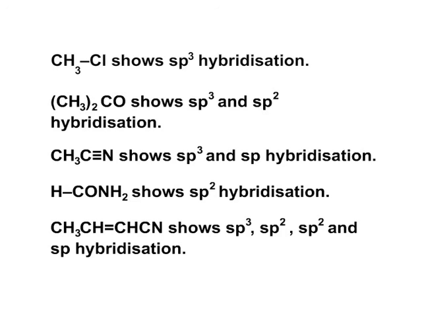The shown compound acetonitrile shows sp3 and sp hybridization. The shown compound formamide shows sp2 hybridization. The shown compound but-2-enenitrile shows sp3, sp2, sp2 and sp hybridization.